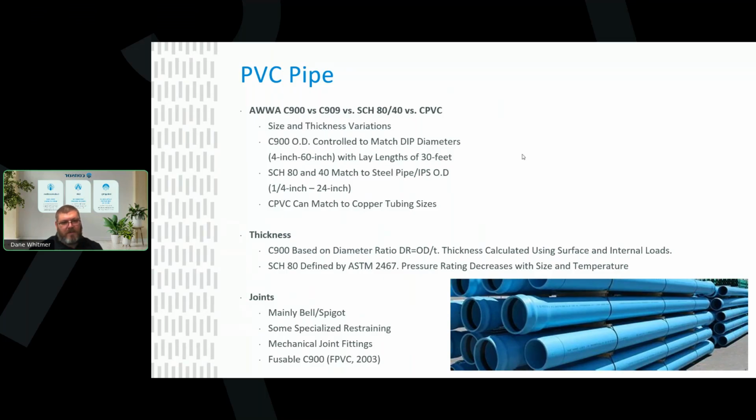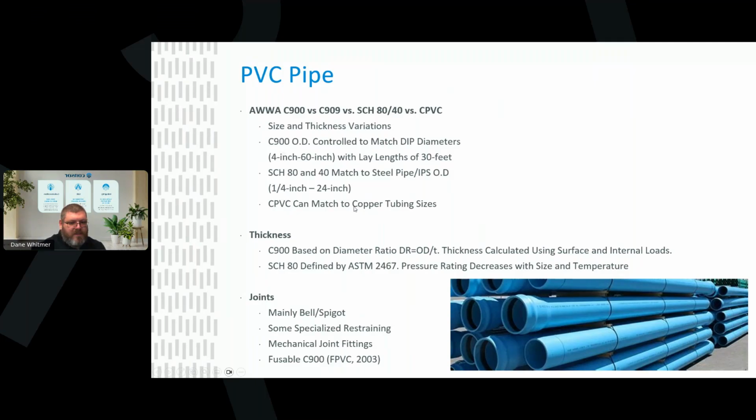Some CPVC can be based off of copper pipe in the smaller diameters, but you can get it in the IPS type. And then C900 is going to be based off of the ductile iron dimensions. So you'll be able to use ductile iron fittings on your PVC pipe or transition more easily between ductile iron and PVC.